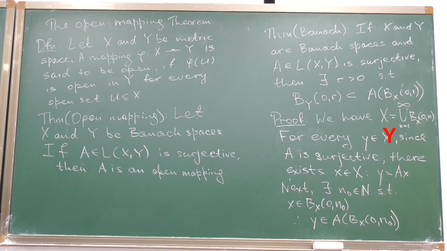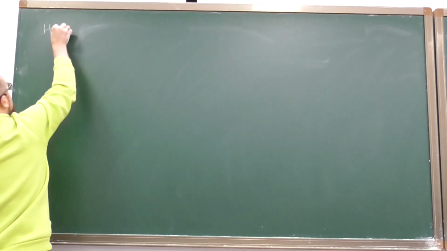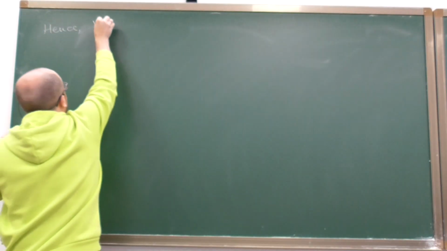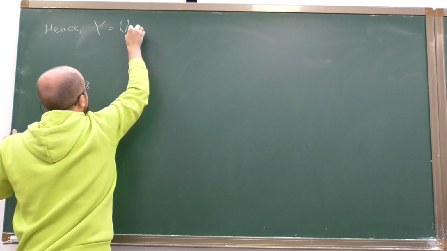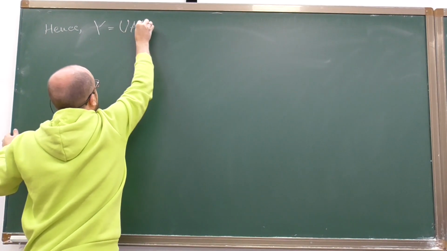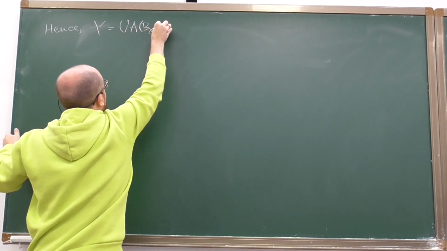And we can conclude that the whole space Y can be written as a union of such sets. Hence, Y equals the union of the images of balls.